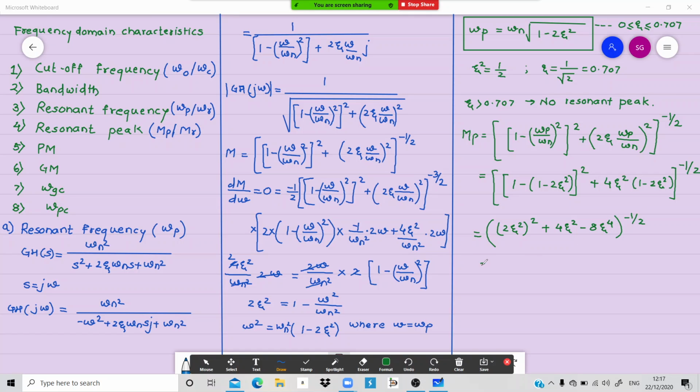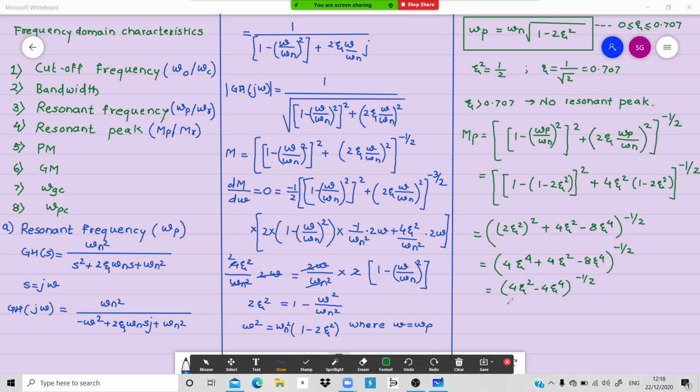So how much is it? 4 zeta square, zeta raised to 4, plus 4 zeta square minus 8 zeta raised to 4, and raised to minus half. So what is it now? See, 4 zeta square minus 4 zeta raised to 4, then raised to minus half.